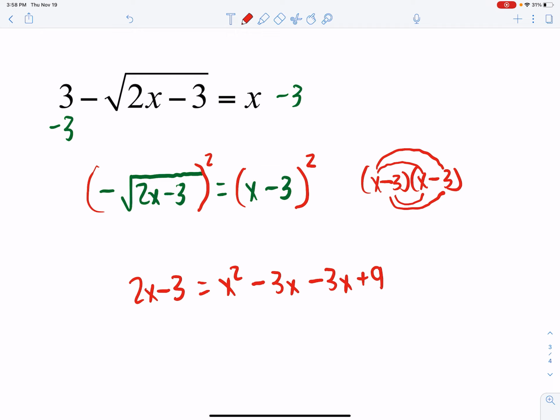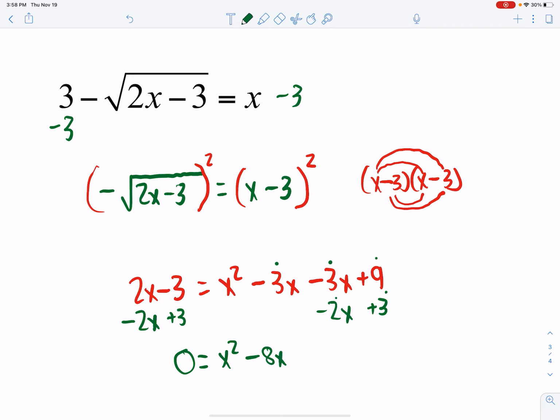Now we keep going. We need to get everything on that side where the x squared is. So to move the 2x over, we subtract 2x from both sides. To move the 3 over, we add 3 to both sides. And this gives us 0 equals x squared, which doesn't have any like terms. Negative 3x minus 2x is minus 5x... minus 8x. 9 plus 3 is plus 12.